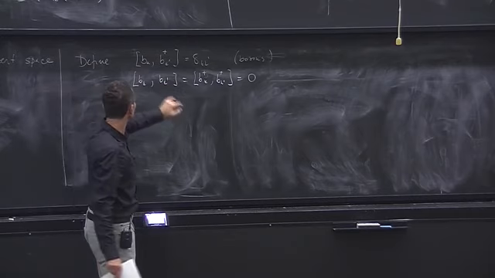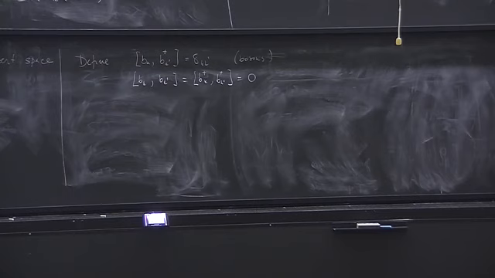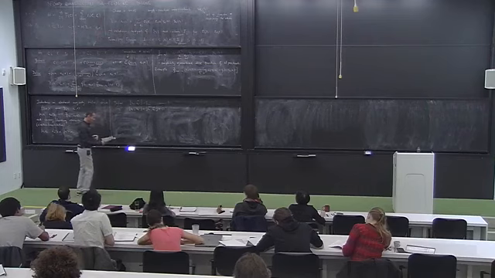Namely, everything commutes except when you have a b dagger and b that correspond to the same state.